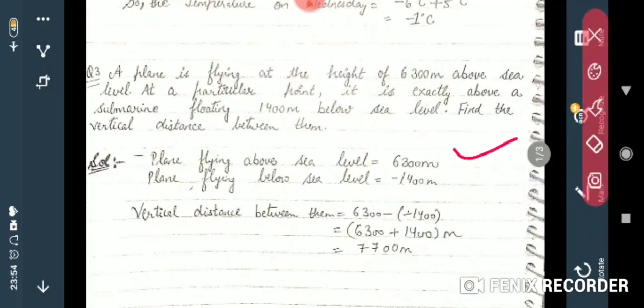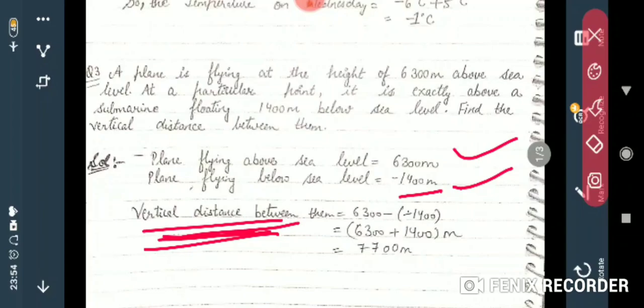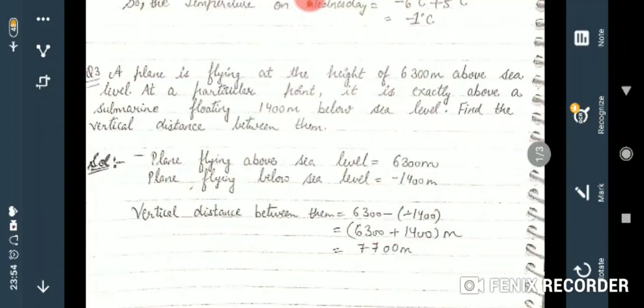So the height above sea level is 6300 meters and below means -1400 meters. What is the difference, the distance? So what will you do? 6300 minus, what will you subtract? -1400. Then 6300 plus 1400. What was the distance? 7700 meters.